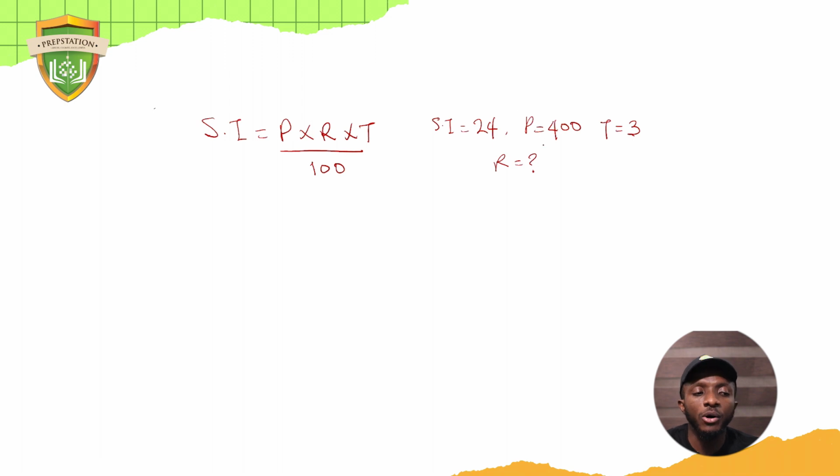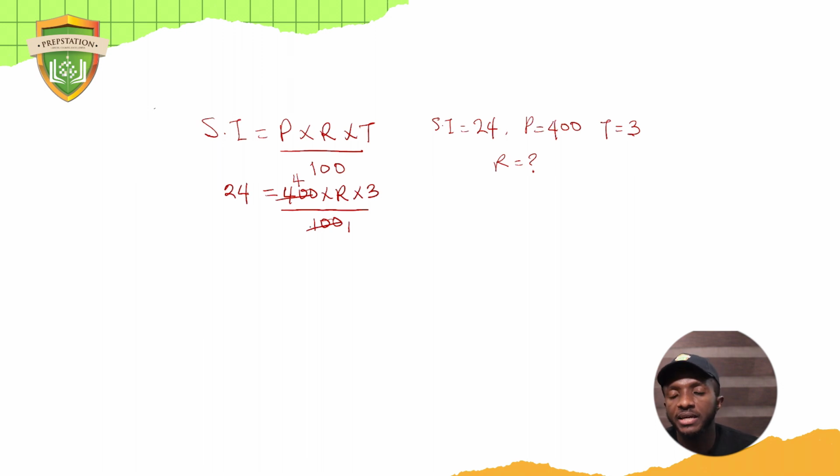So if we apply all of these things, substitute them into the equation, we're going to have 24 equal, remember the principal is 400, times r, which is the rate which we don't know, times 3 over 100. Now, you can get 100 in 400.